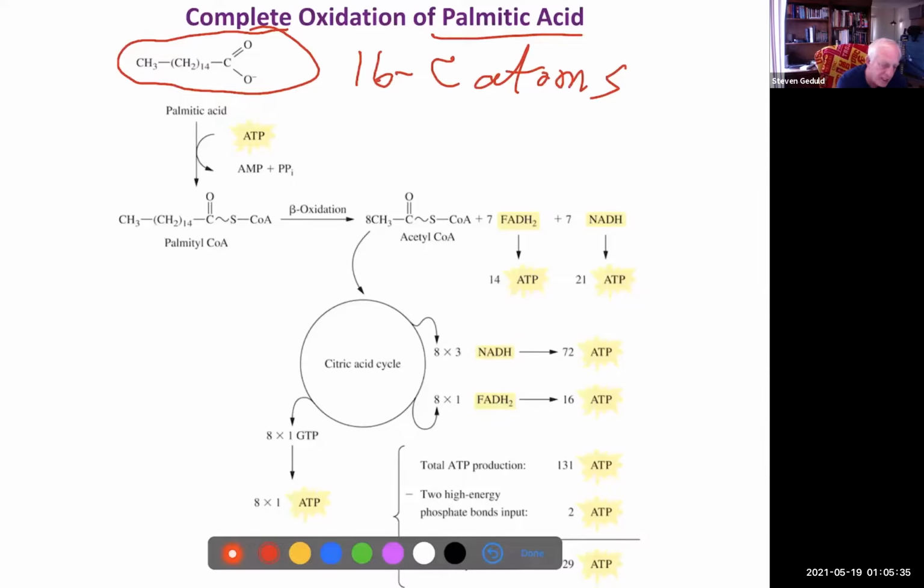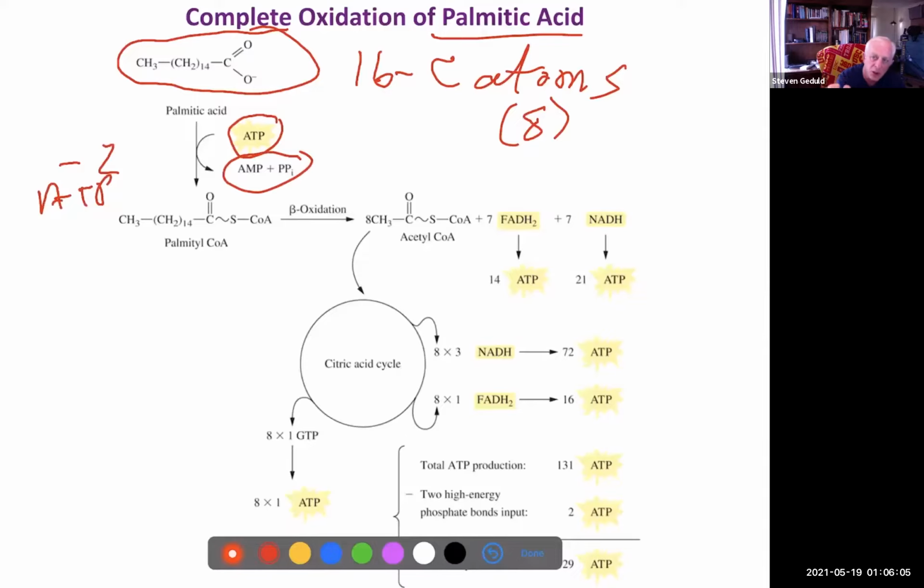So 16 carbon atoms. So it's going to break into 8 sets of 2 when we oxidize it. The first step is going to take ATP and produce AMP. Okay, so that's minus 2 ATPs because it goes from ATP to ADP, ADP to AMP, adenosine monophosphate.